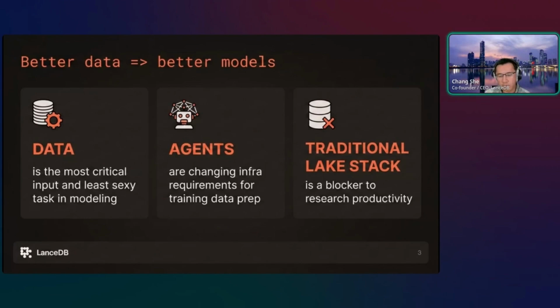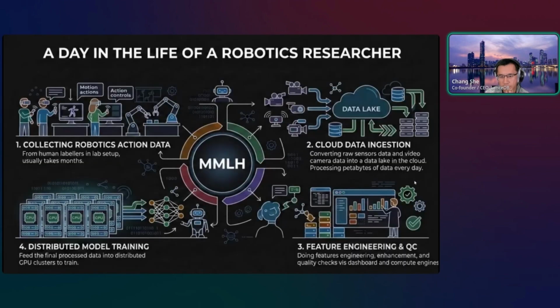All of this new data and these new requirements mean traditional data lake and lakehouse formats and stack become a blocker to research productivity. Infrastructure costs become prohibitively high, and the stack itself becomes really complicated. It takes too many people, too many different systems, and too much energy to stitch together a stack on top of a traditional lakehouse.